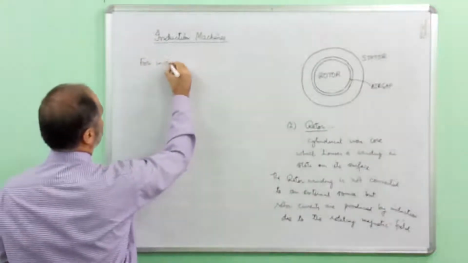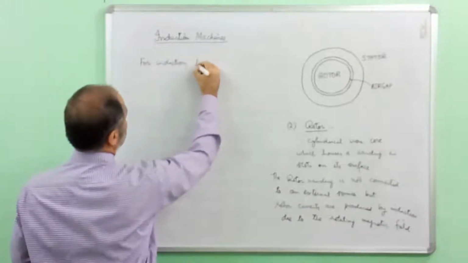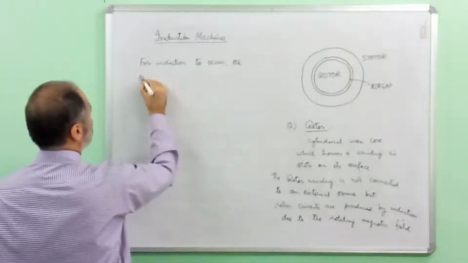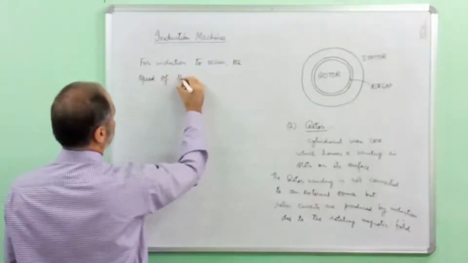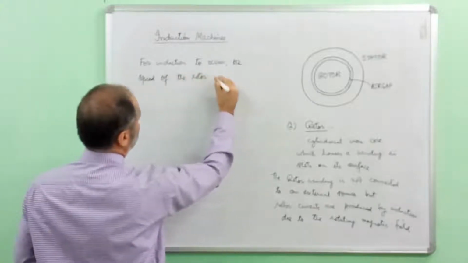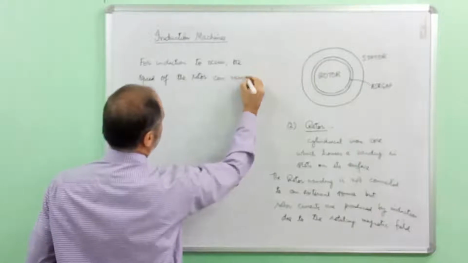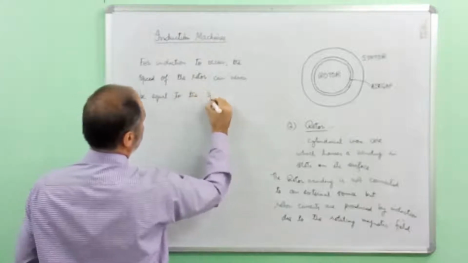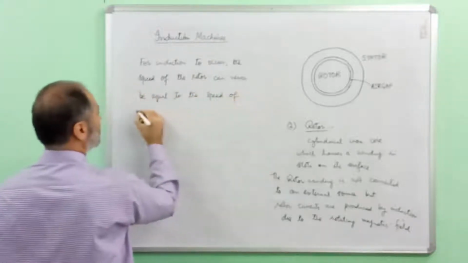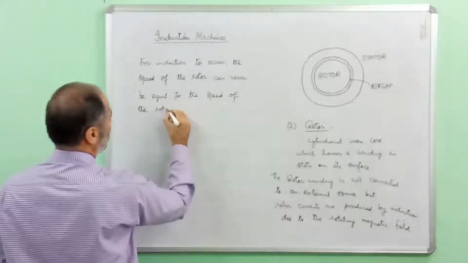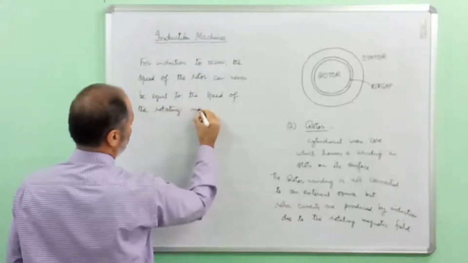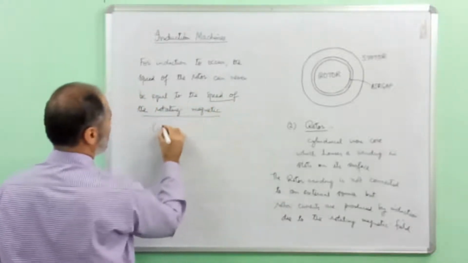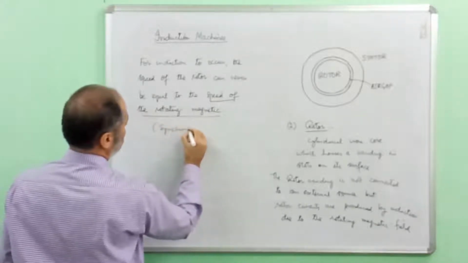For induction to occur, the speed of the rotor can never be equal to the speed of the rotating magnetic field. And we know the speed of the rotating magnetic field is called synchronous speed.